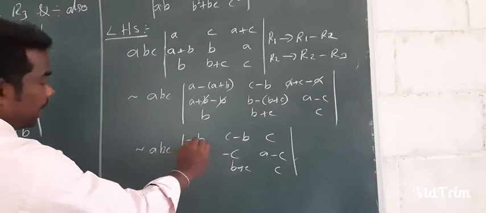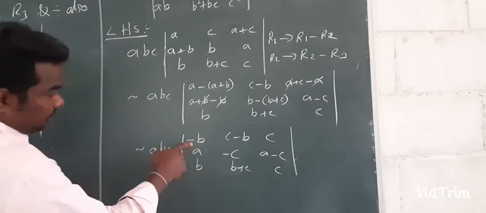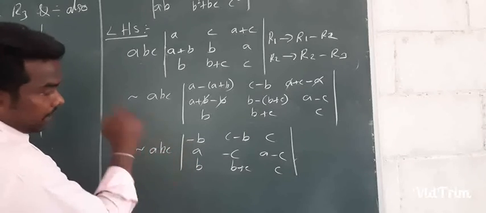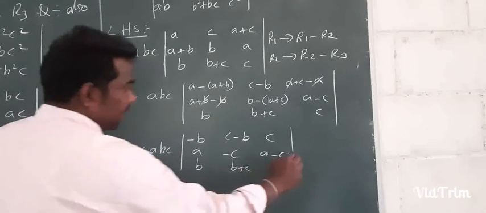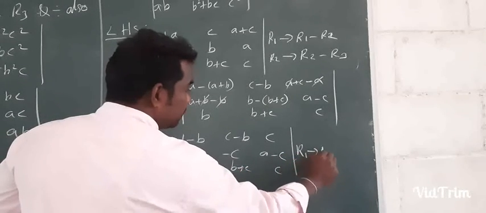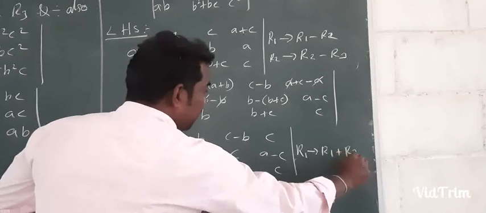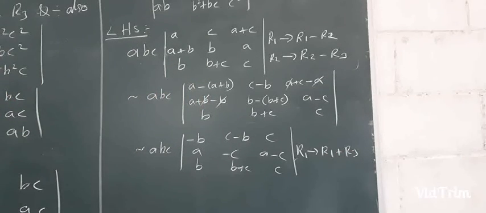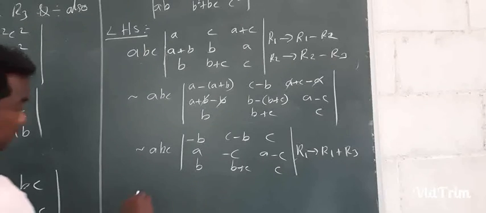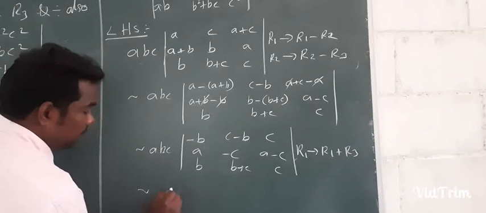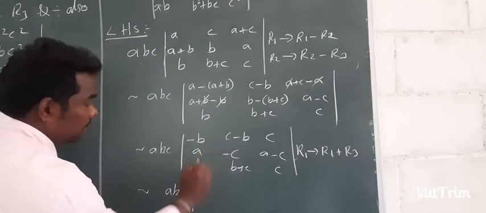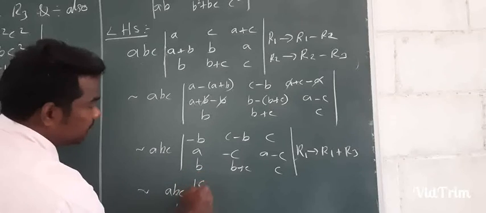Now we need to add. If you add the first row and the third row, it will become 0. So the next step, R1 gives R1 plus R3. The first row, first place will be 0. Look at that: A, B, C minus B and plus B is 0.